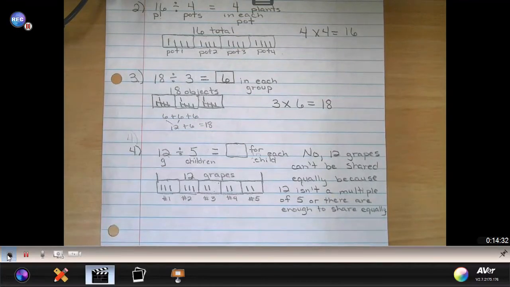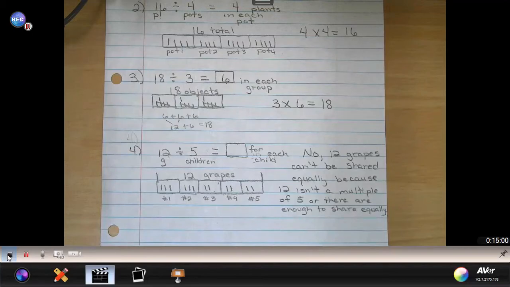You could say no, she would need 3 more grapes in order to be able to share them equally with the 5 children. You could also say you would have to take 2 grapes away. If she had 10, she could also share them equally, and then every child would have 2 grapes. But as long as you're explaining your thinking as to why she's not able to share 12 grapes equally.